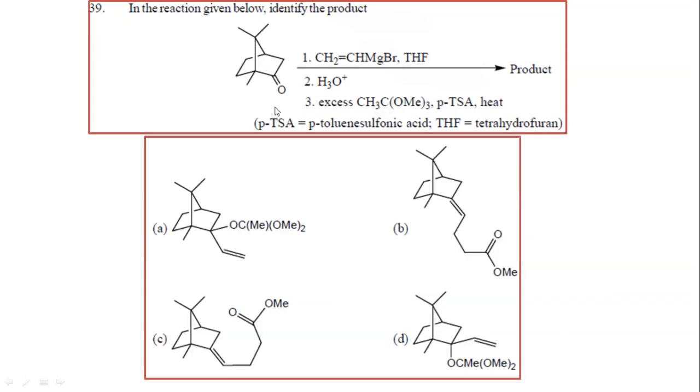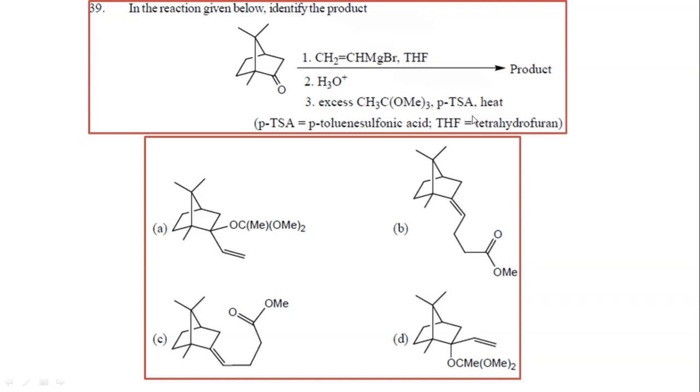Next question. Reaction below. First, this reactant was treated with CH2=CH-MgBr, that is a Grignard reagent, in the presence of THF, that is tetrahydrofuran. Second, it was hydrolyzed with hydronium H3O plus, and third, it was treated with CH3C(OMe)3 and para-toluene sulfonic acid. Then what will be the product?